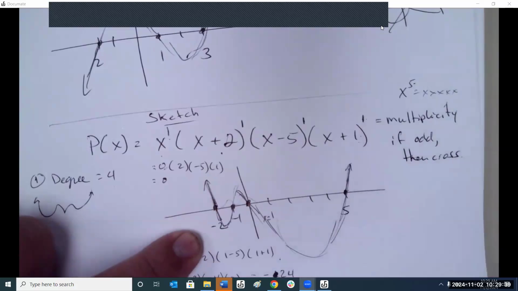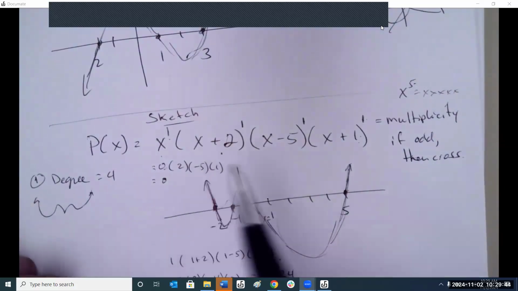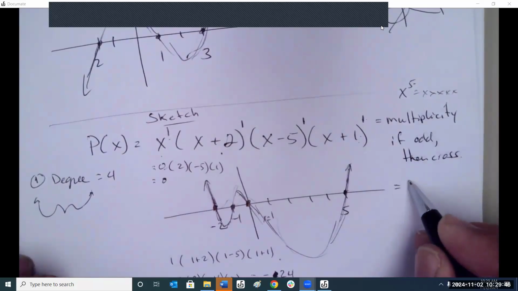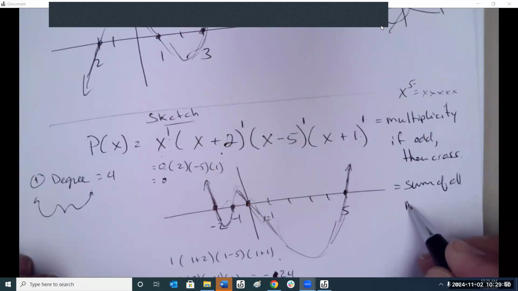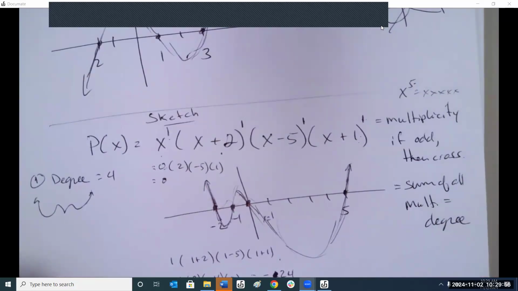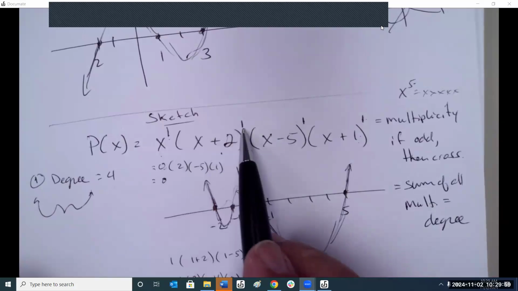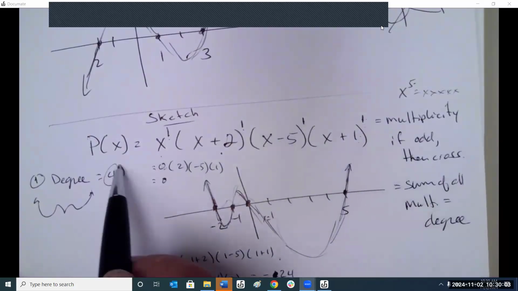At negative 1. So also, if you look at the sum of all multiplicities equals the degree. 1 plus 1 plus 1 plus 1 is 4.